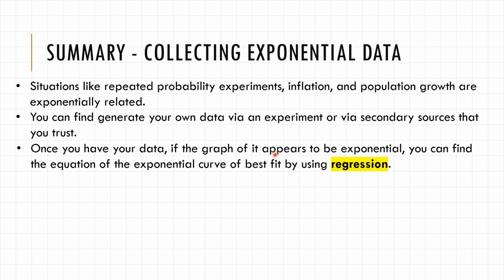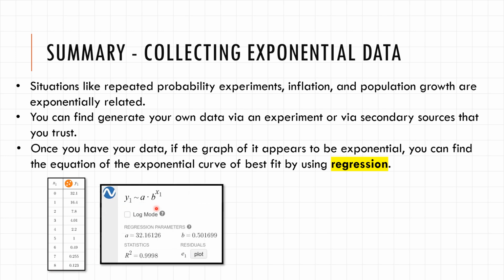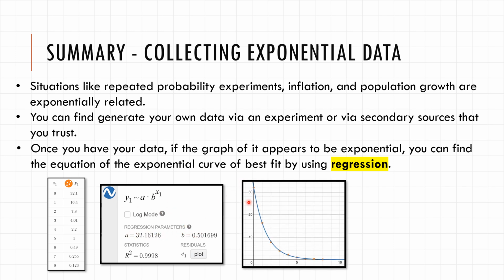Once you have the data, if the graph appears to be exponential, so if it appears to be increasing slowly and then quickly and faster, you can find the equation of it by using a technique called regression, which involves putting your table of values into graphing software. The graphing software I use is Desmos. Then put in an equation that looks like this, and that tells you the a and the b value that creates a curve.